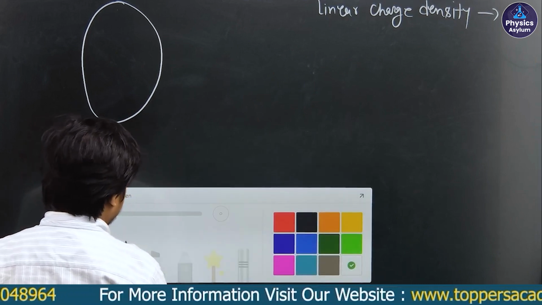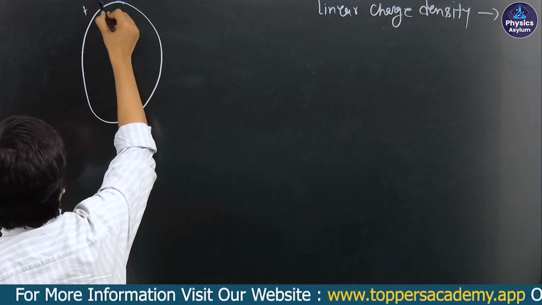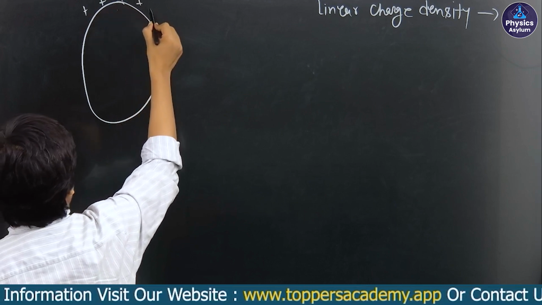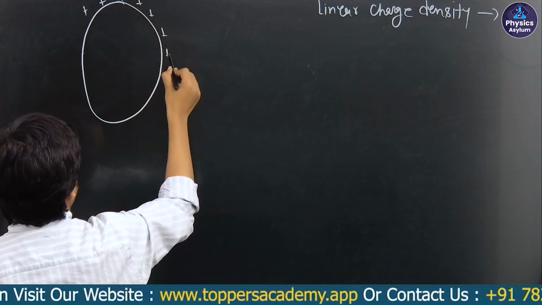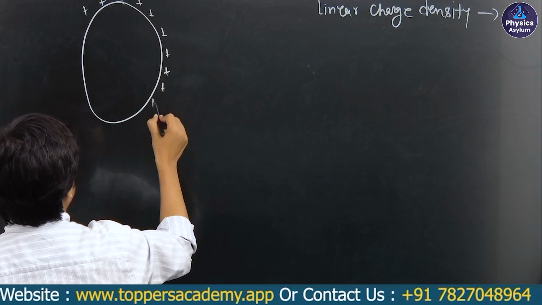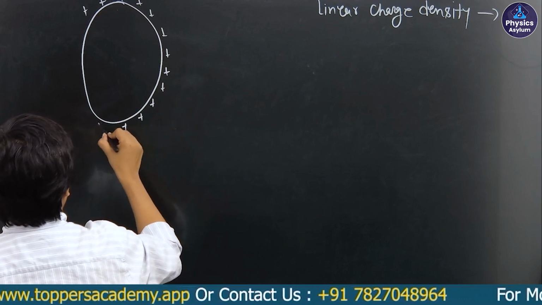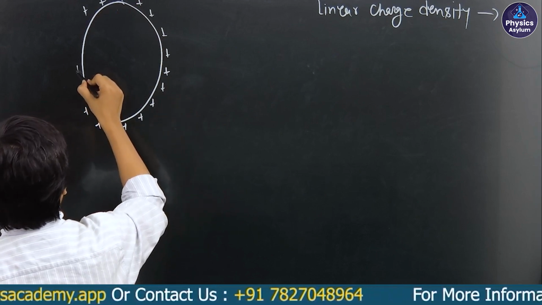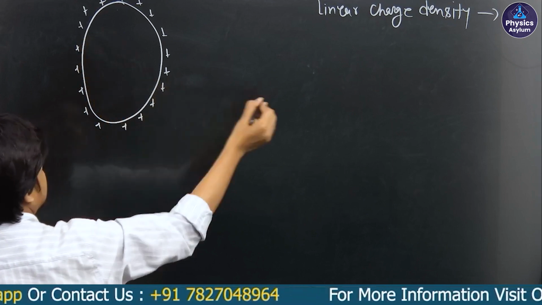Suppose there is a charge which is uniformly distributed over it, and we are considering that the linear charge density in this case is lambda.